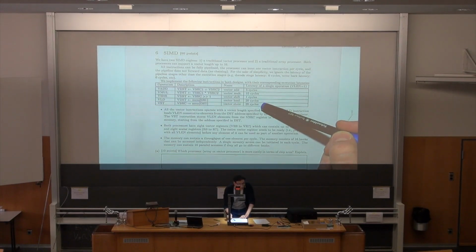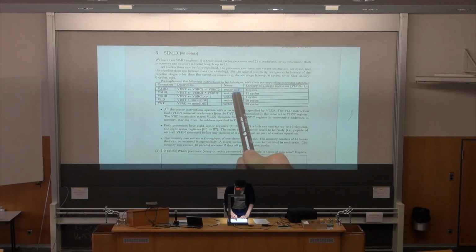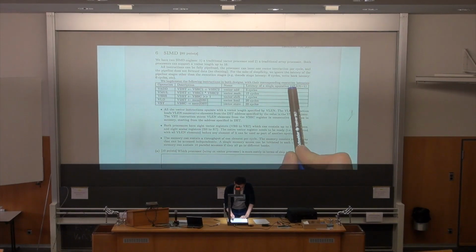As you can see in the table, this is the ISA that we are going to consider in this question. We have vector add, vector move, shift right, load and store from memory, and these are the cycles for every single operation, assuming the vector length is 1.